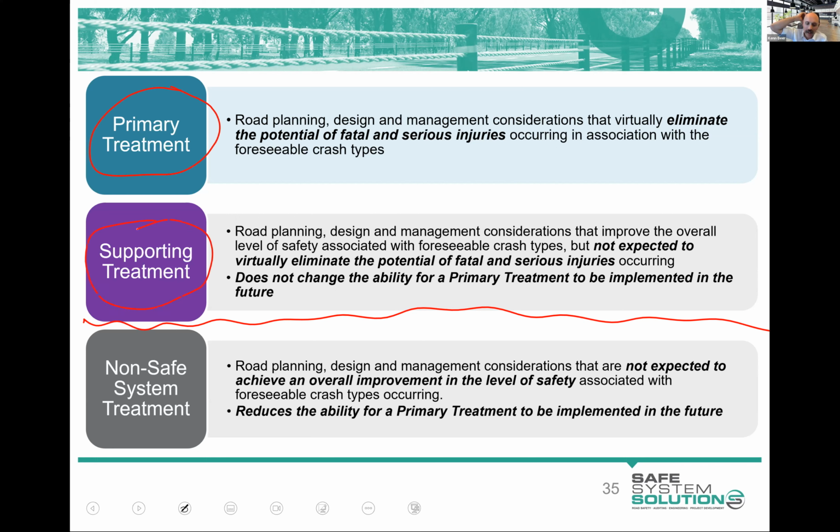Now, you have to think of these kind of like buckets, not necessarily like primary and secondary. You could have multiple primary treatments that you suggest, or you could have only supporting treatments that you suggest, nothing primary, because you're pulling things out of those buckets.